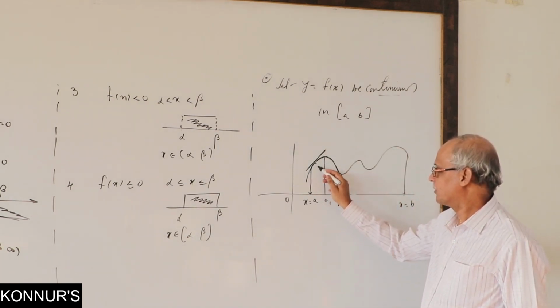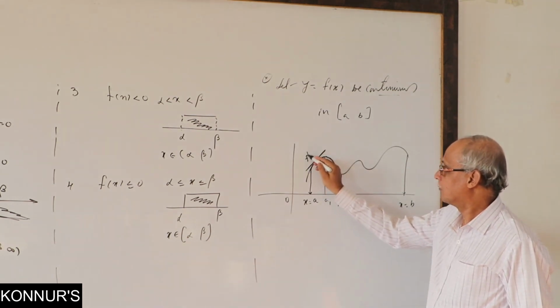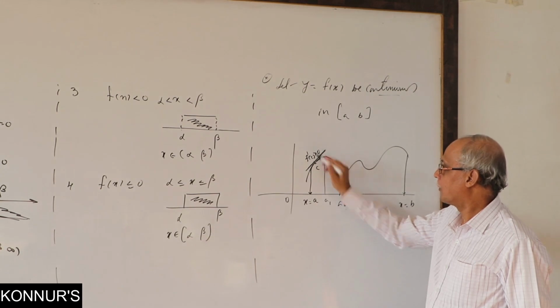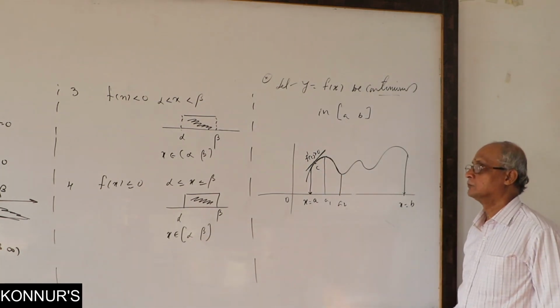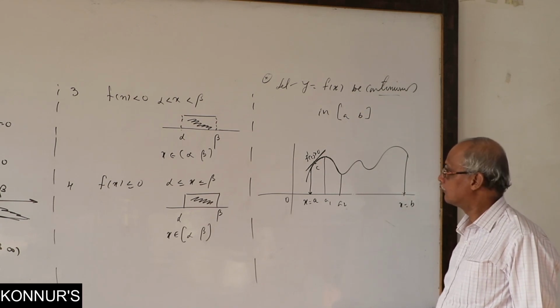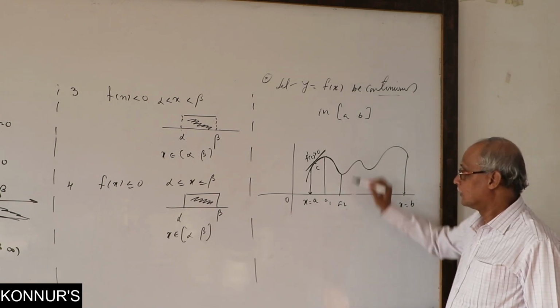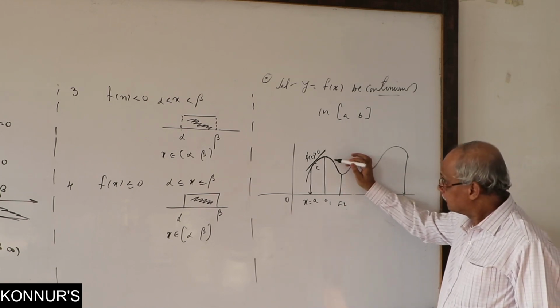Here, at any point C, we are finding f dash C. Positive. Okay. Next, consider A1 to A2. Here you select one point.